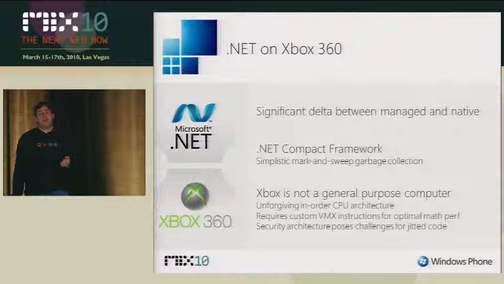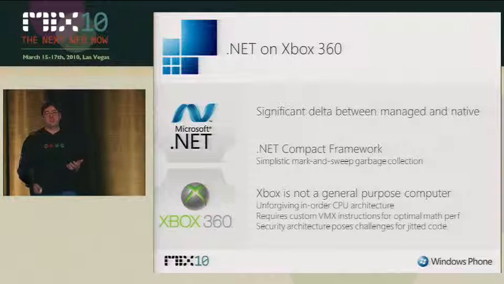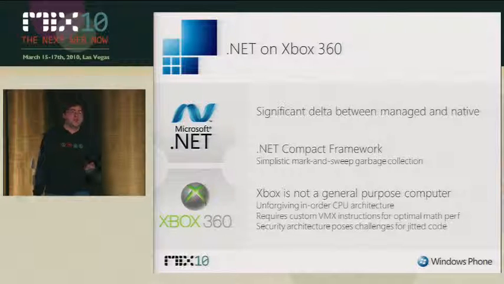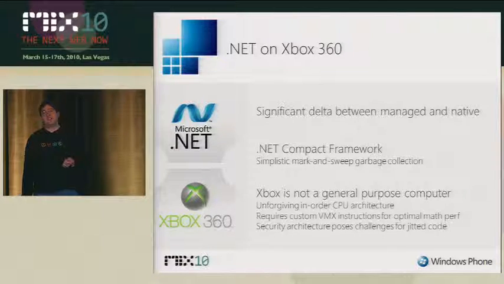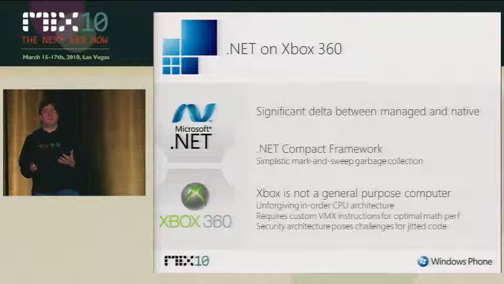The awesome math performance in the Xbox 360 comes from custom VMX instructions, and .NET just doesn't know how to generate those, so a lot of the CPU is just sitting idle. And also, the 360 has a unique security architecture. It's designed to prevent piracy and to prevent cheating in online games. And one of the main things this does is it prevents changing code, because if you could change code, you could cheat. But .NET and jittered languages are all about generating code.